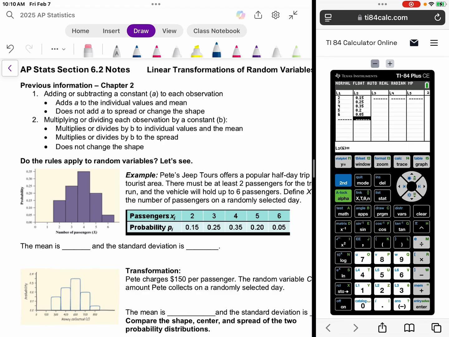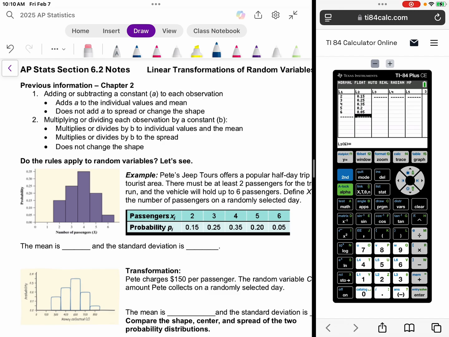So as we look at transforming data, we learned way back in Chapter 2 that we can transform the data. We don't have to add the amount necessarily to every single data value and then recalculate. If we know what the original mean was, I can add, subtract, multiply, and divide numbers to the mean to get the new mean, as long as we're adding, subtracting, multiplying, dividing the same amount to every single data value.